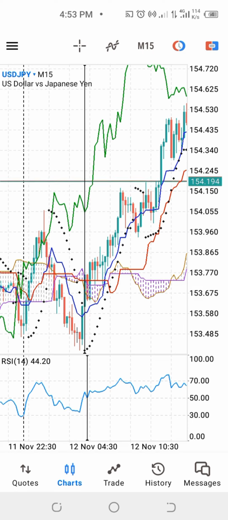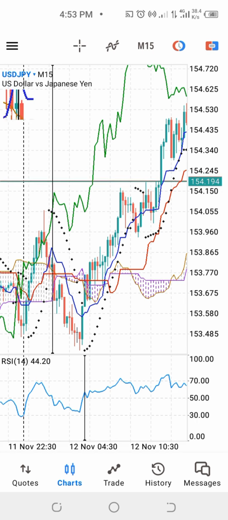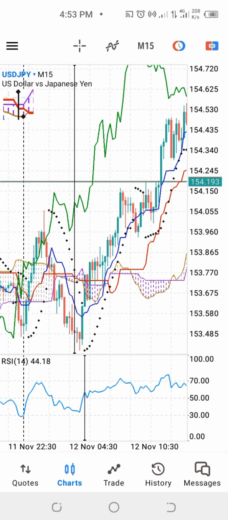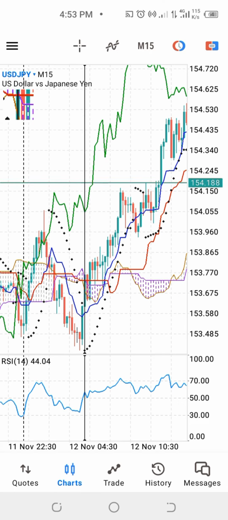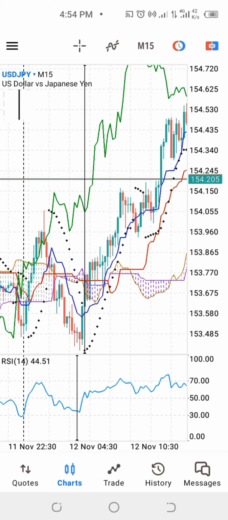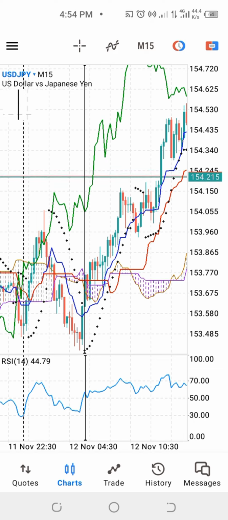Now, what are the things you need to look out for when you want to take your entries on the M15 time frame? Number one, you need to ensure that the parabolic SAR finishes its movement from the opposite direction. Then number two, the market should be below the cloud for the M15. Then number three, you need to spot that the market is coming from below the 30-50 region on the RSI line.